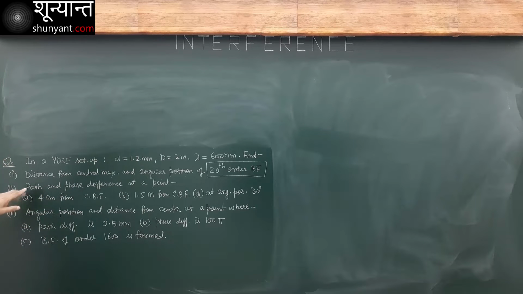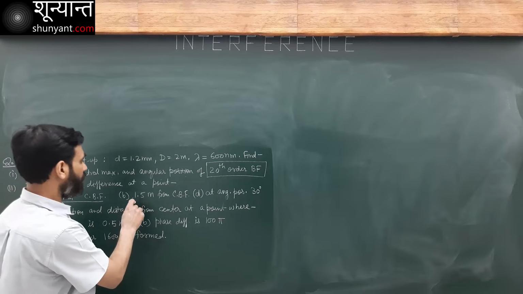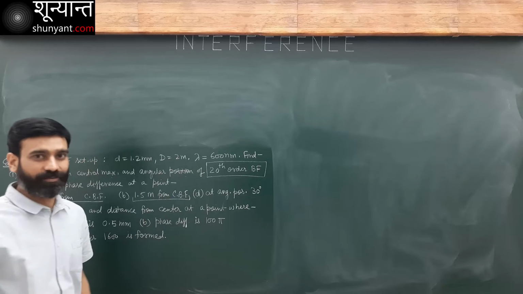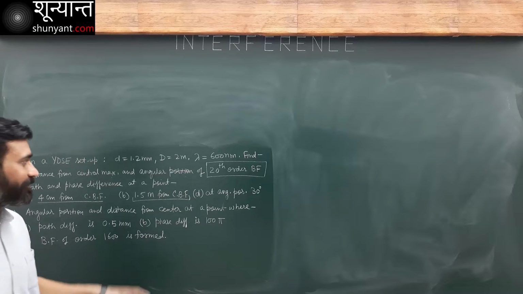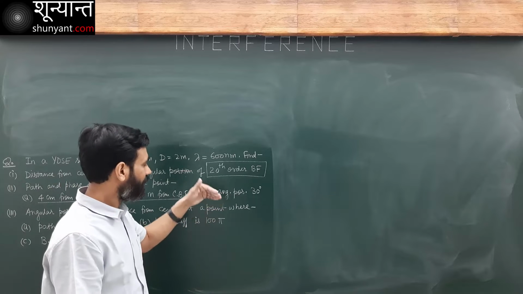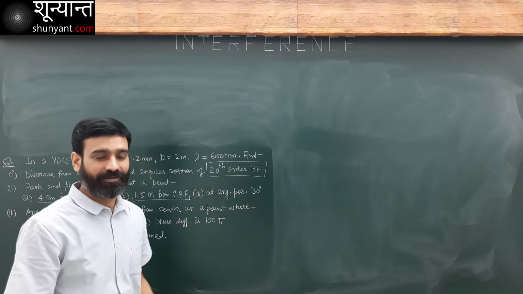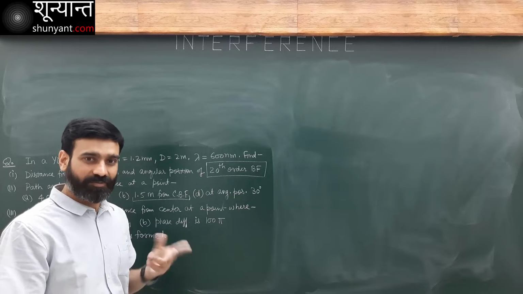Second, path and phase difference at a point. Which point? 4 centimeter from the central bright fringe, at 1.5 meter from the central bright fringe, at an angular position of 30 degrees. What will be the path difference? What will be the phase difference?